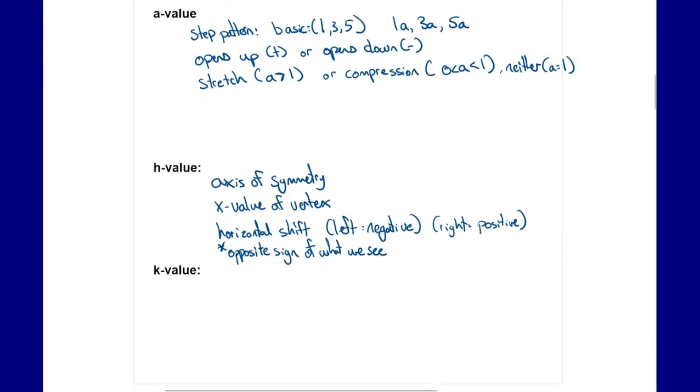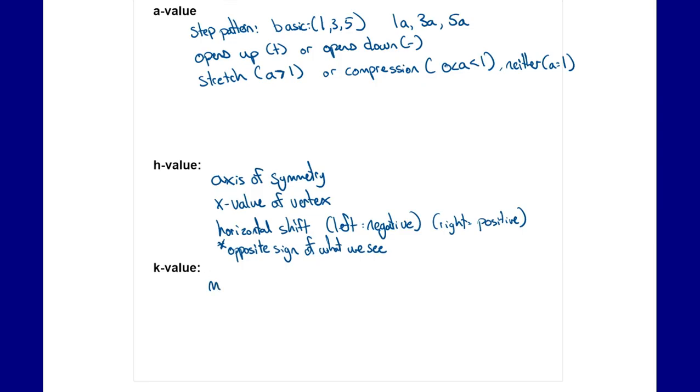Our k value tells us the max or minimum, the y value of the vertex. It tells us our vertical shift. It goes up if it's positive, and down if it's negative.